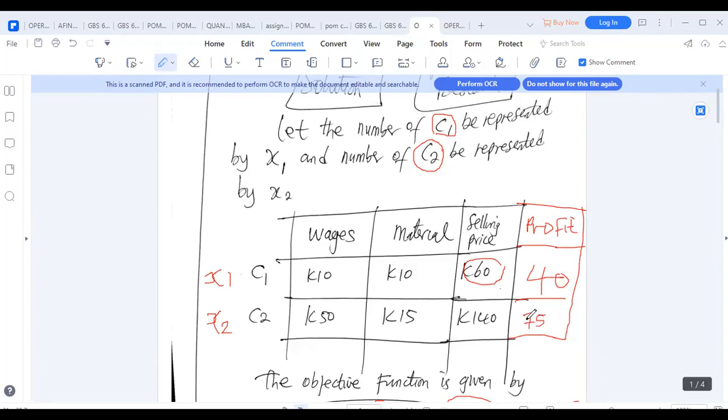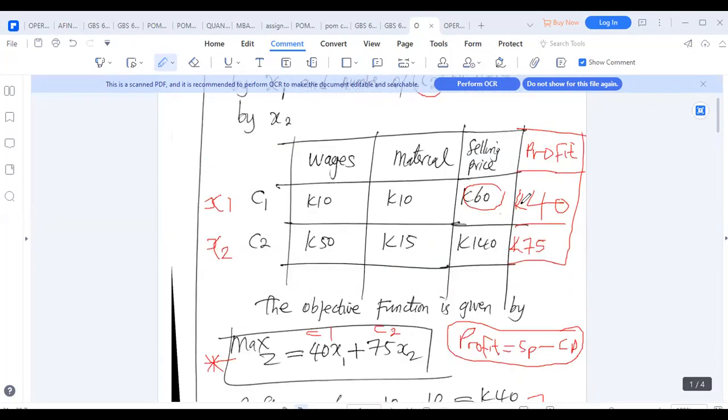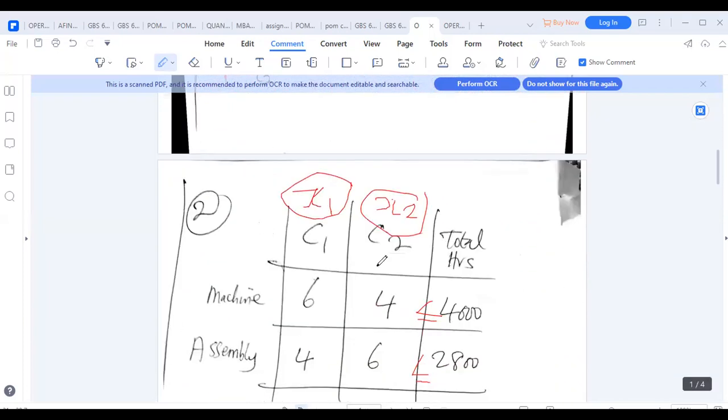Okay, so now these are the profit per unit, and this is why we are simply saying our objective function is to maximize this profit, which is 40x1, because C1 is represented by x1 and C2 is represented by x2. And then the machine hours, this information is coming from the question.